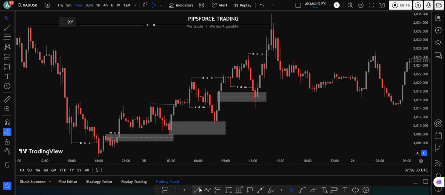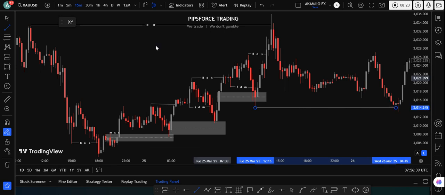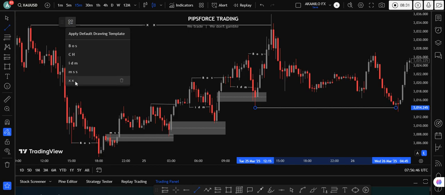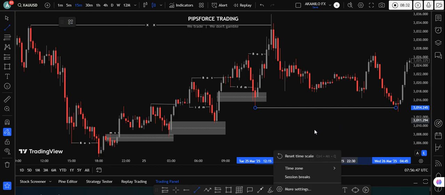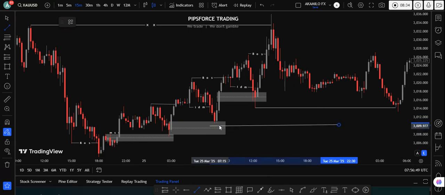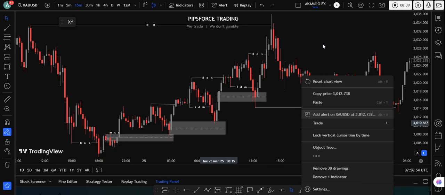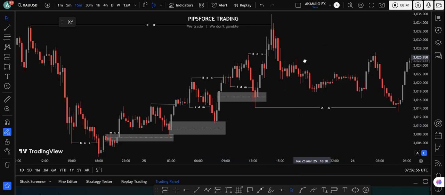So in this case, this is our lowest point that price needs to take before we can be looking to take a sell at this level. So in this case, you can see price has swept this liquidity, and then pushed price higher.